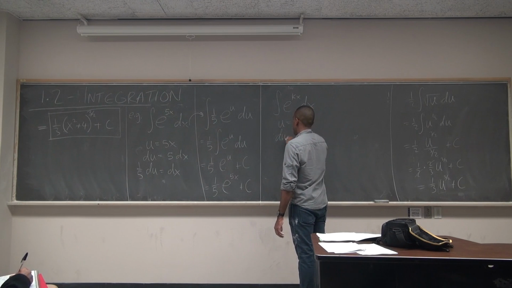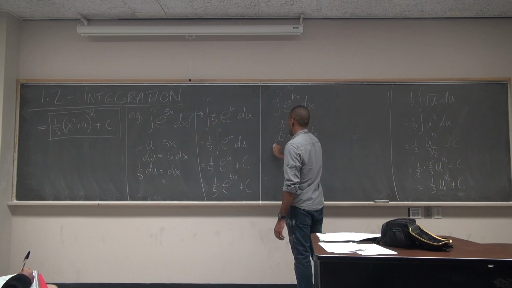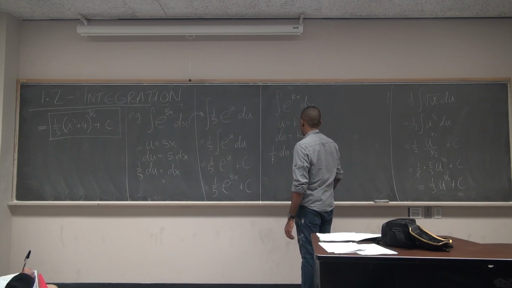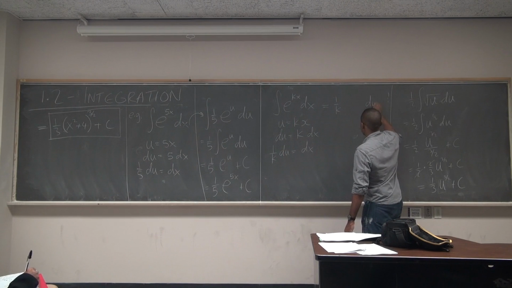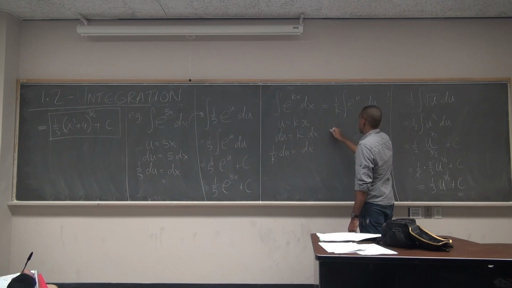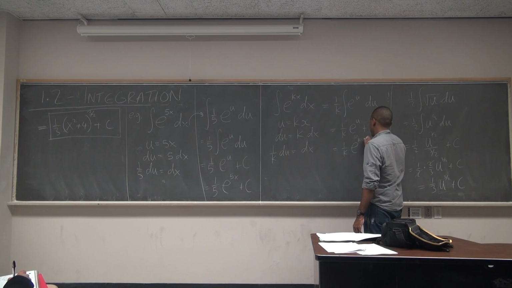My du would be k dx, which means 1 over k du is equal to dx. So this integral becomes 1 over k du replaces my dx, and I'm left with e to the u. Applying the basic rule, I just get 1 over k e to the u. And now I replace the u with what it was originally, kx.